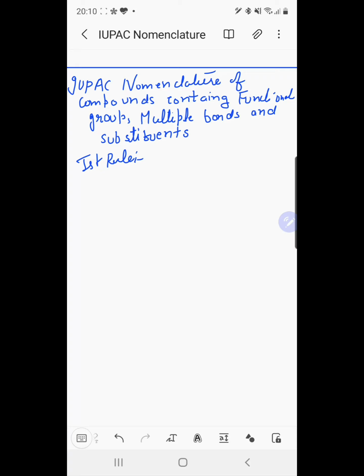Suppose we have a compound like CH3 CH2 CH CH2 CH3, and at this position we have a substituent CH2OH.